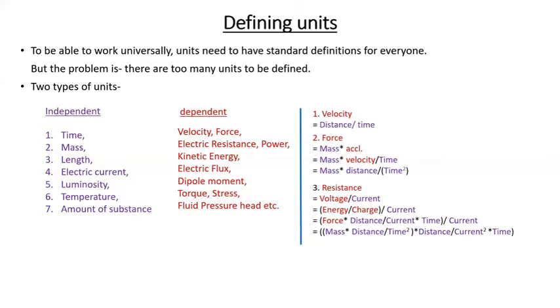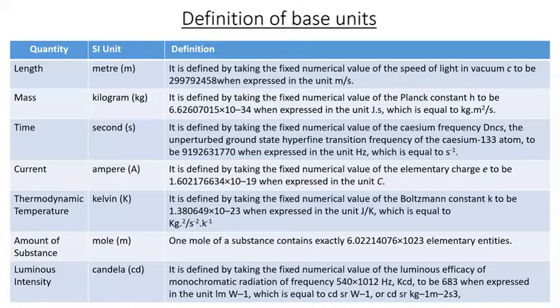Therefore, resistance, which was a dependent quantity, can be expressed in terms of independent quantities. Like this, any other physical quantity, any other physical parameter can be expressed in terms of these 7 independent quantities. Therefore, scientists do not need to define all of these quantities. They just need to define these 7 independent quantities.